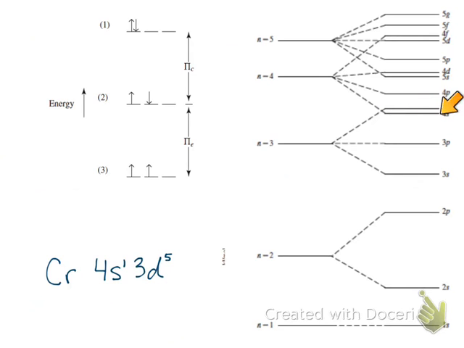And so what we're going to do in class is to use these terms, the exchange energy and the Coulombic energy of electron-electron repulsion, to explain why chromium has this particular electron configuration rather than 4s2 3d4. And we'll go into more detail and do some further examples within class, within the groups.